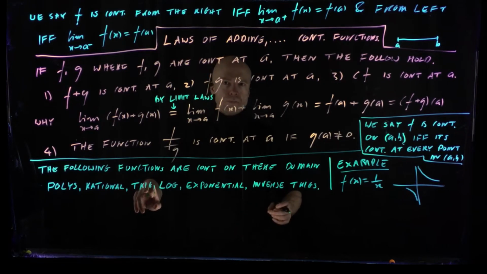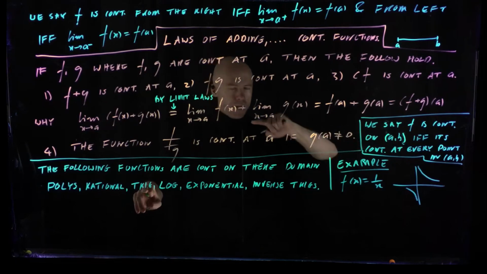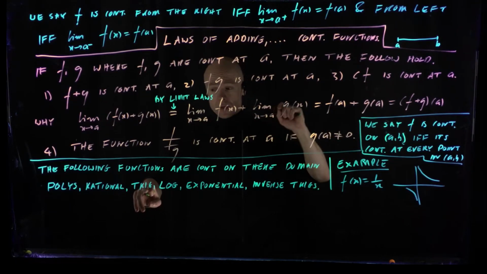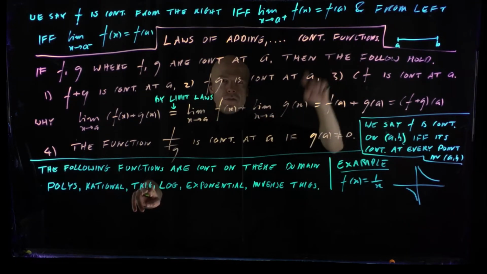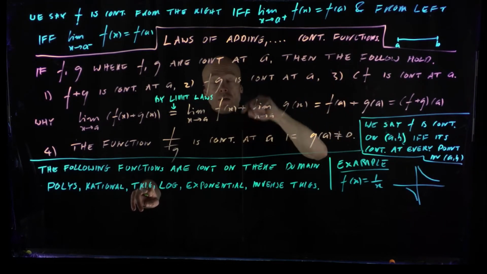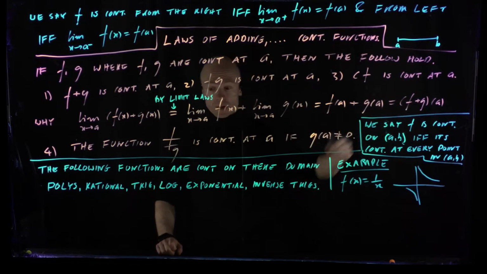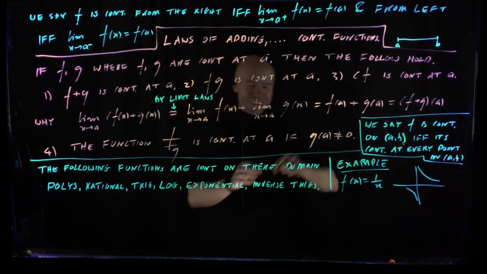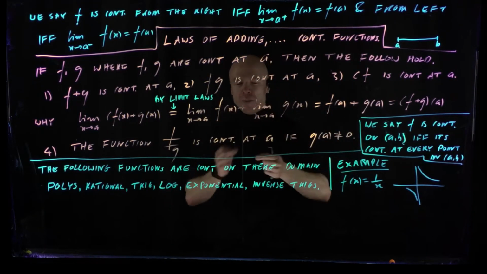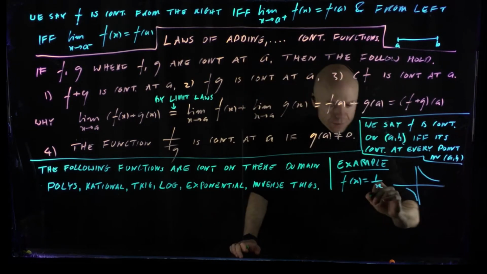Trigonometric functions. Sine and cosine, they'll be fine, right? They're defined everywhere, continuous everywhere. Tangent, as we saw, is not, because it has these vertical asymptotes at minus pi, plus pi, minus pi over 2, pi over 2, and then it continues pi periodically. Let me draw it.